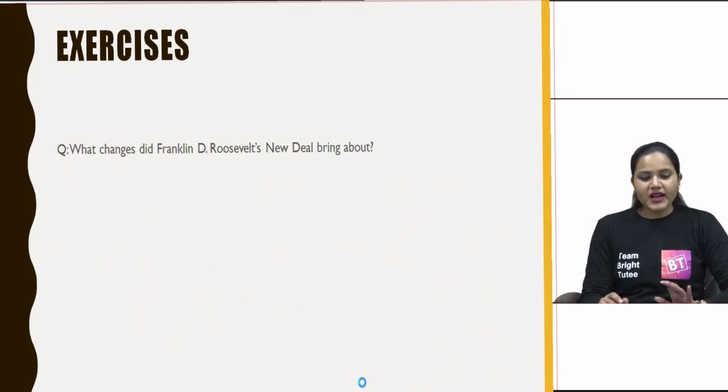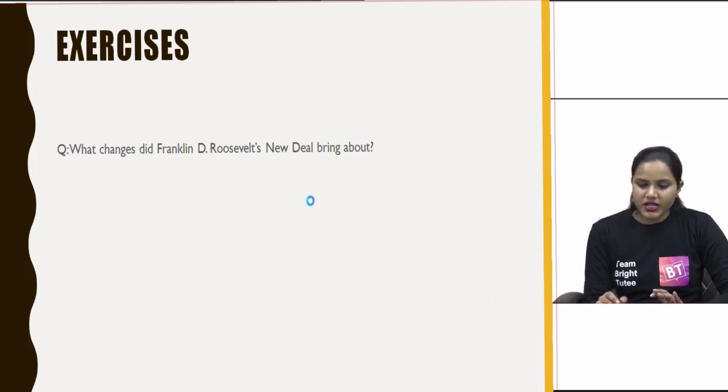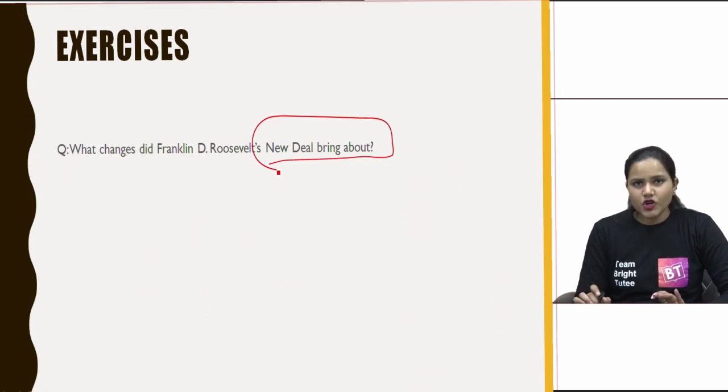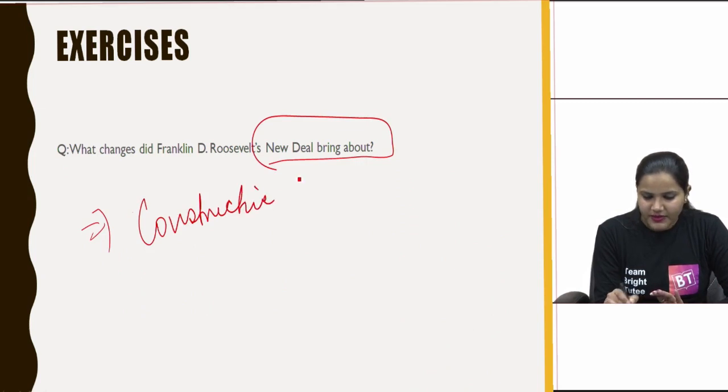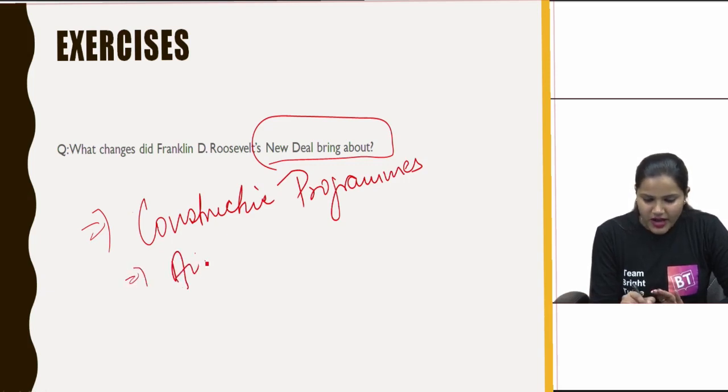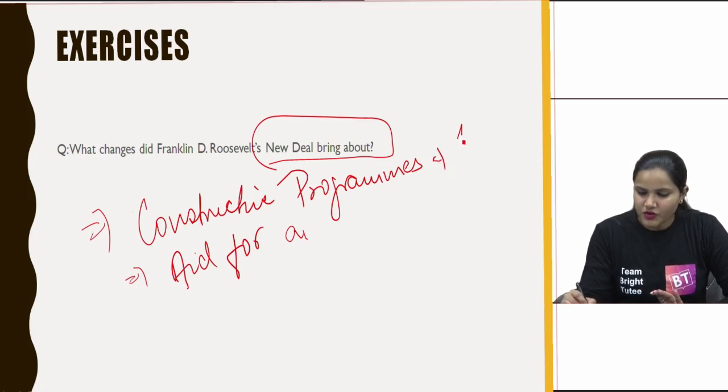Now what changes did Franklin D. Roosevelt's New Deal bring about? Do you remember that? Here we are talking about the constructive programs that were introduced: aid for agriculture. In this we have to talk about the federal programs as well, for federal help.